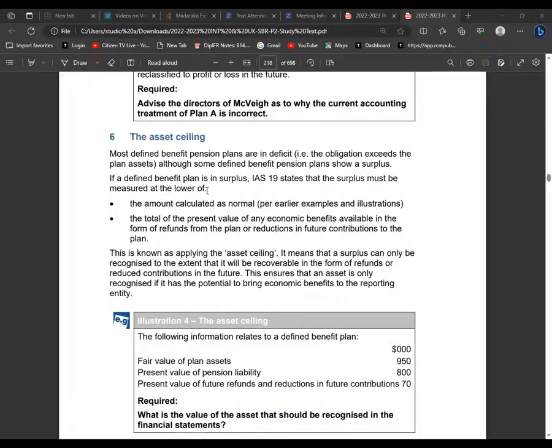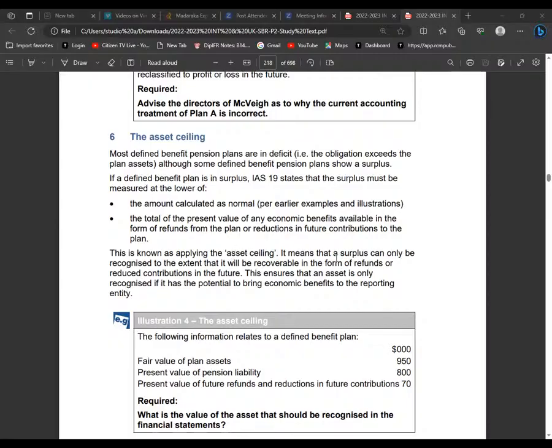If a defined benefit plan has a surplus, IAS 19 states that the surplus must be measured at the lower of the amount calculated as normal, and the total of the present value of any economic benefits available in the form of refunds from the plan or reductions in future contributions to the plan. This is known as applying the asset ceiling.